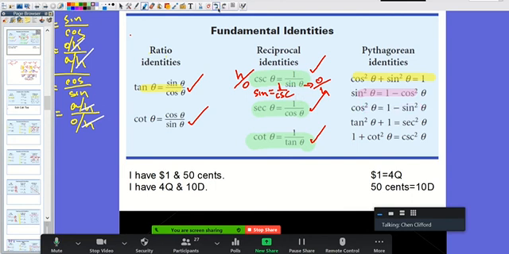Let's start actually with the first pink highlight. To get the first pink highlight, what they did is subtract cosine squared from both sides. And we get sine squared equals 1 minus cosine squared.